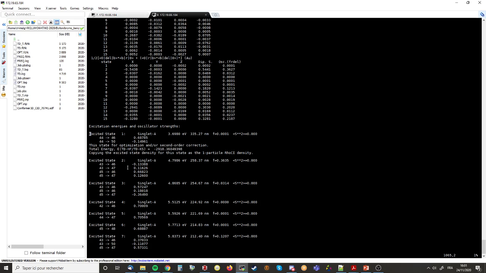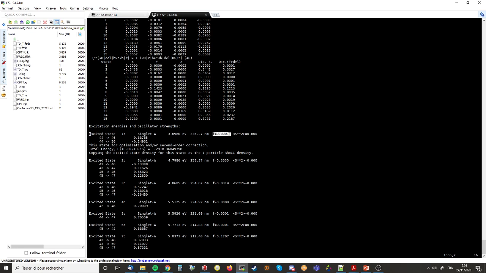He has calculated a first excited state, that is a singlet, with an energy of 3.698 electron volt, or 335.27 nanometers. He has an oscillator strength.